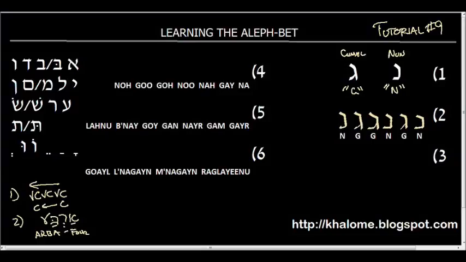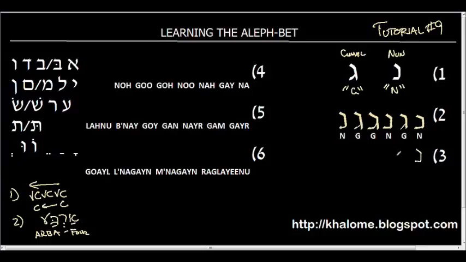So be sure to practice the block script, and like I said, it might be a good idea to come behind me in all these videos, and where I'm using handwriting script, you just switch it over and use the block script for everything until you get used to using both of them. I'll say this also, for the Nun in the handwriting script, you can write it just the same like that, or you might see it more rounded like this.